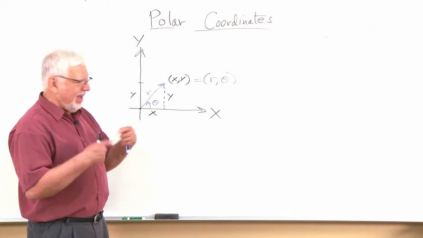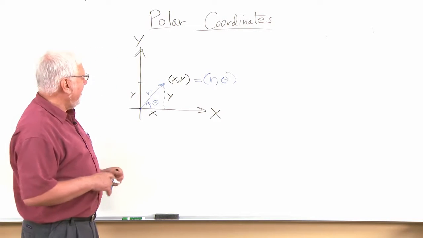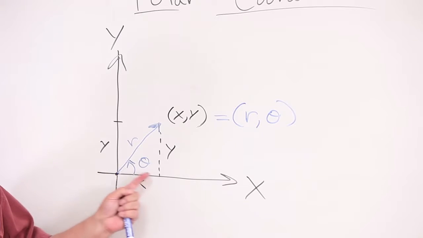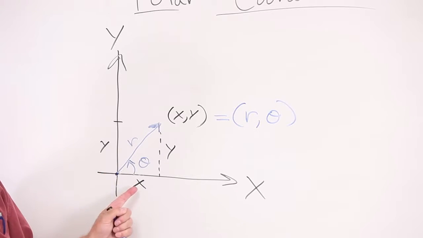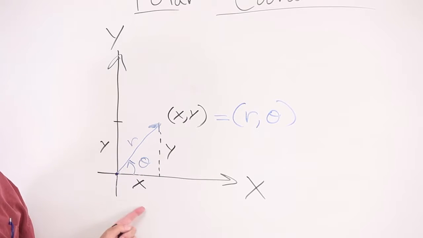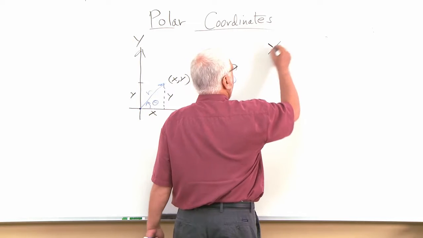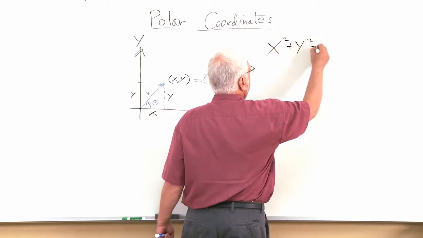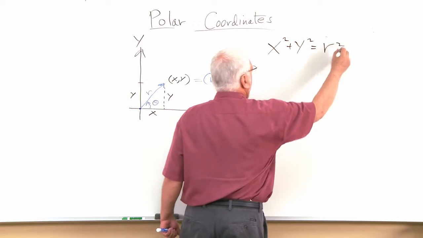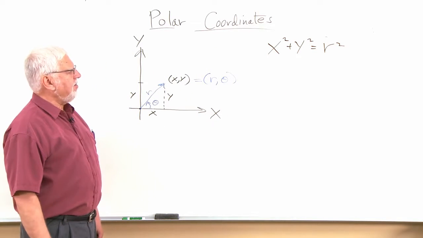Now, I wish I could ask you and you could tell me, but I can't, so I'll have to tell you what you're thinking. And what you're thinking is, this is a right triangle, so we know a relationship between x, y, and r. And that's the Pythagorean Theorem. So we do know that this relationship exists: x squared plus y squared equals r squared, where r is polar, x squared and y squared are rectangular.